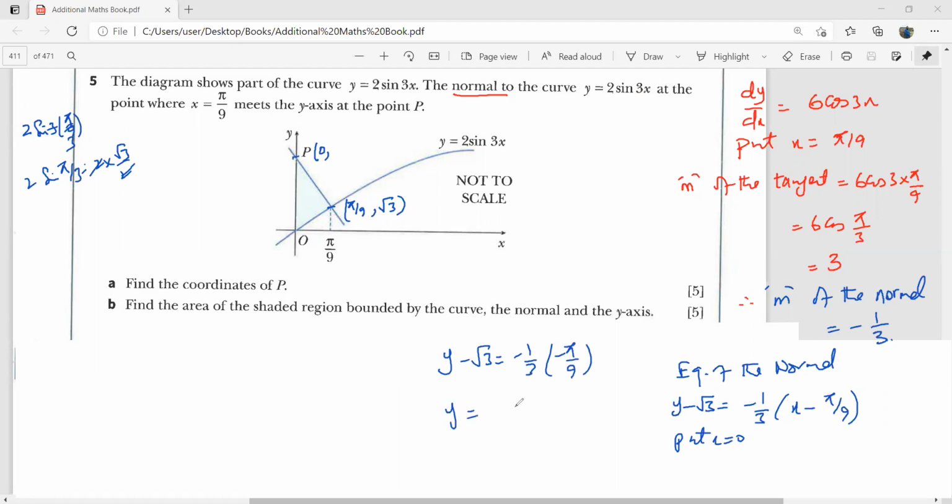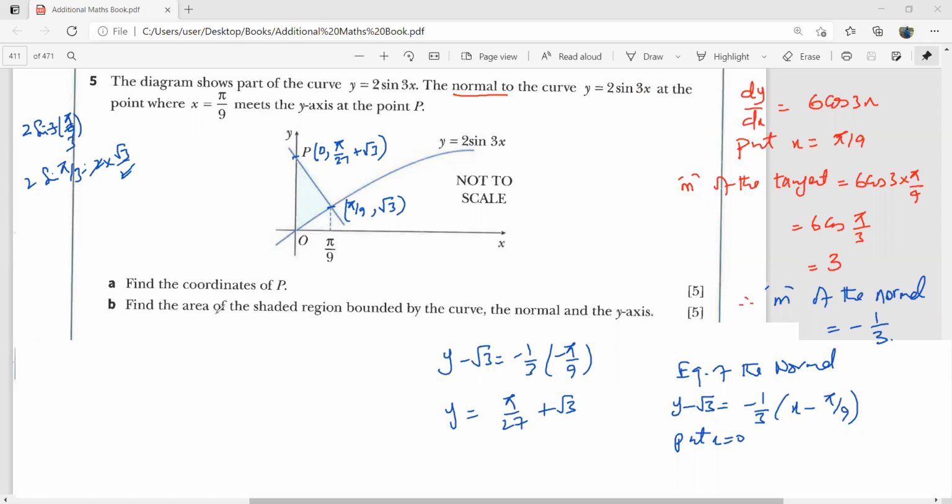So this is going to be y is equal to pi over 27 plus under root 3. So he is not asking this point P in decimal, so I'm just going to write its exact value. Pi by 27 plus under root 3. These are the coordinates of the point P.